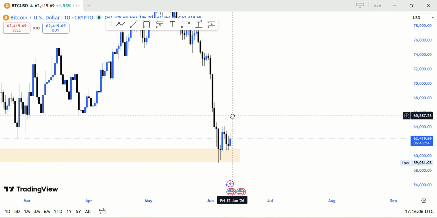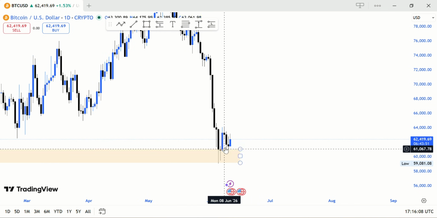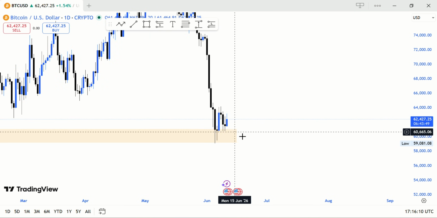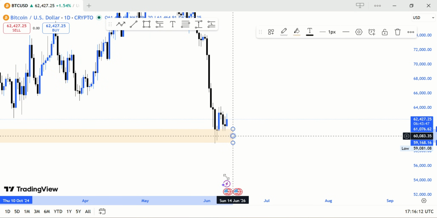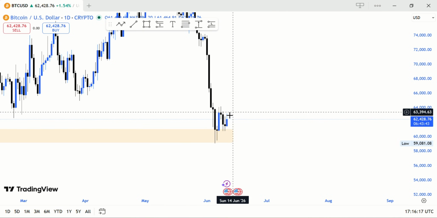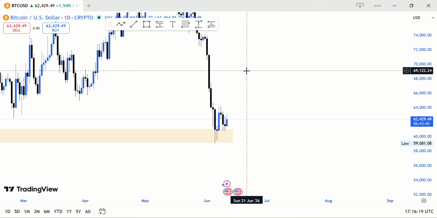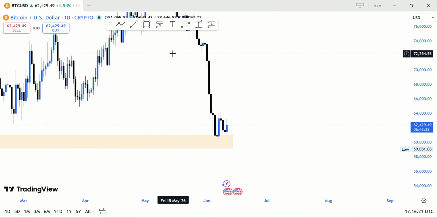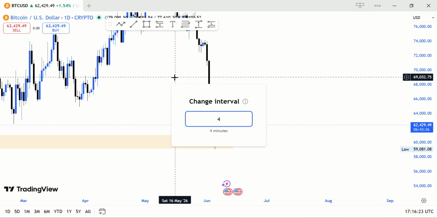Then of course we can't zoom in. No matter how we zoom in, this is daily time frame, we can't get the actual entering point. So what we need to do is to go to our 4 hours time frame.